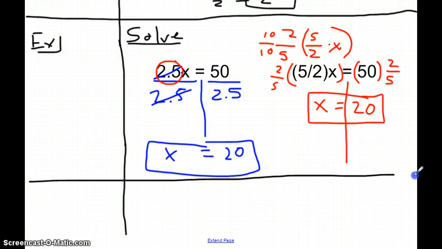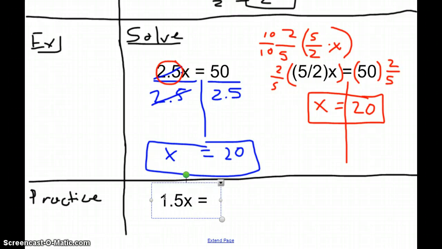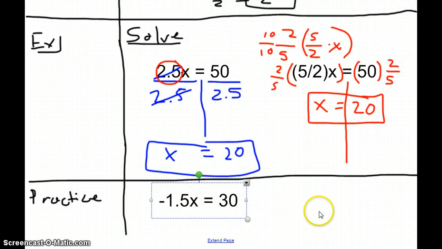Our next key point is practice. So this is something that you're going to be doing on your own. Sorry for the bad handwriting. Practice. Here we go. We got negative 1.5 x equals 30. And, oh, sorry, this should be negative right there.